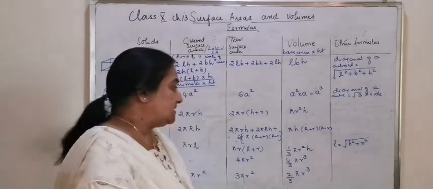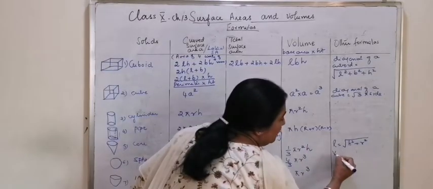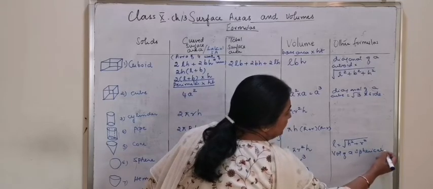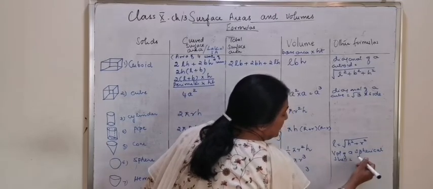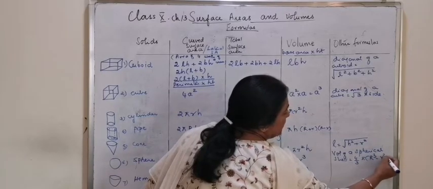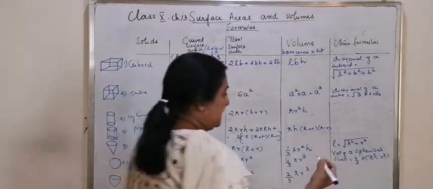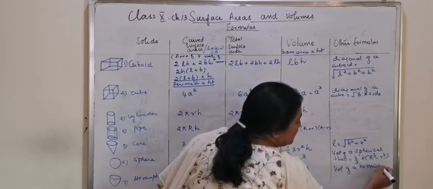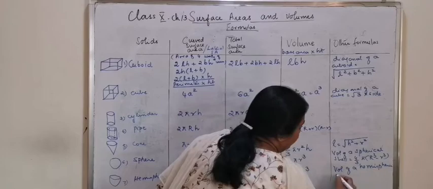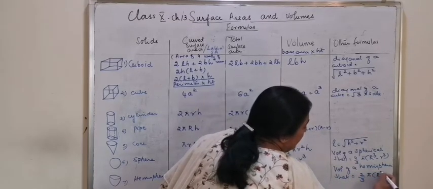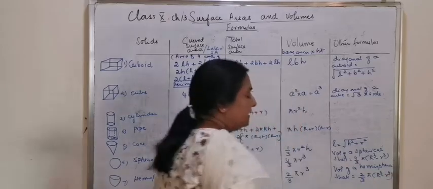So the formula for the volume of a spherical shell is 4/3 pi (R cubed minus r cubed), and the volume of a hemispherical shell is 2/3 pi (R cubed minus r cubed).